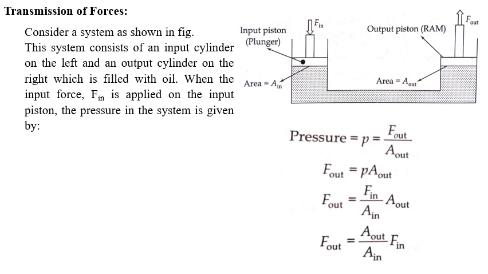In the place of P, I have substituted F in divided by A in. And then simplifying, F out equal to A out in the numerator, A in in the denominator, and F in is the multiplication factor. This is the relationship between force at output and force at input.